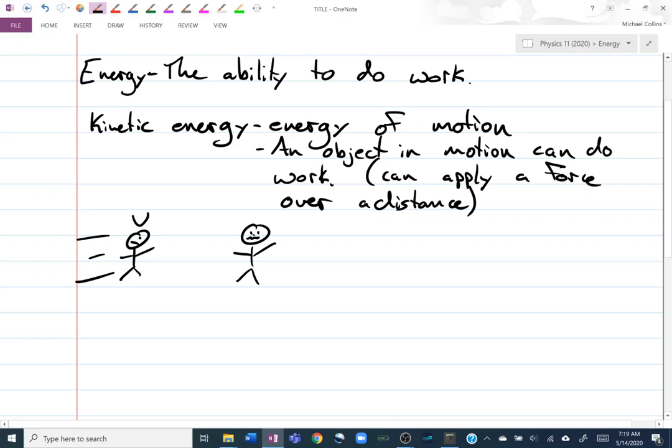So if we look at how much work this person could possibly do, work, which is equal to force times displacement, the whole time he's applying a force, he would be accelerated, and we know that F is equal to ma. So we can go ahead and substitute that into this equation, and this is a little derivation that will give us an equation for kinetic energy at the end.